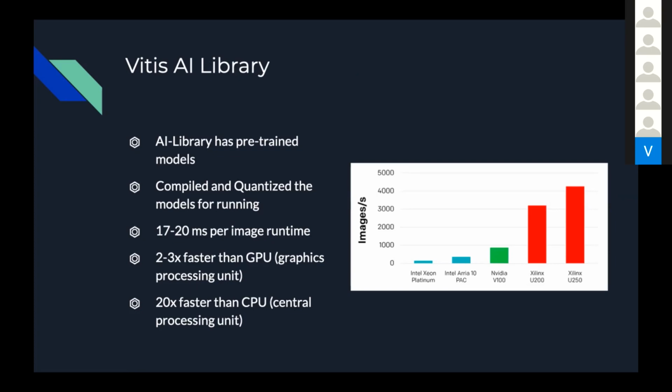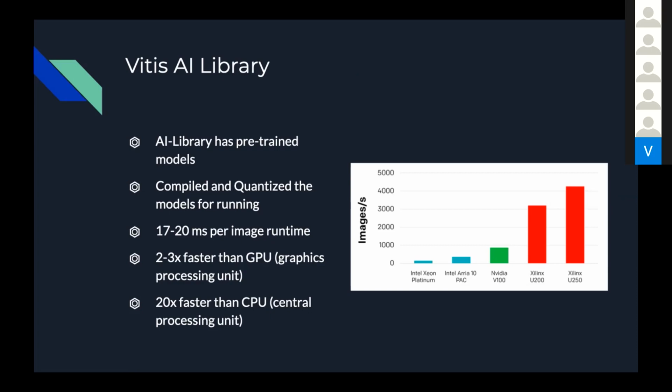We ran out of time, but what we were able to achieve was about 17 to 20 milliseconds per image. So if you translate that up to a video, it's around 50 to 60 frames per second, which is almost double to triple what we were able to get on the graphics card, which was really promising news, and about 20 times faster than the CPU.